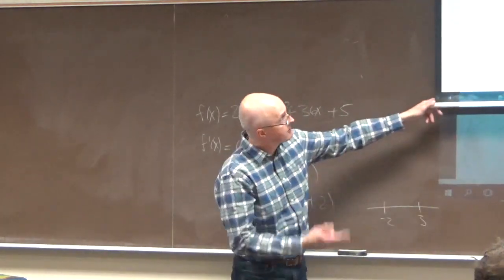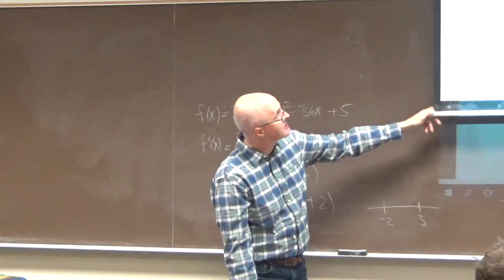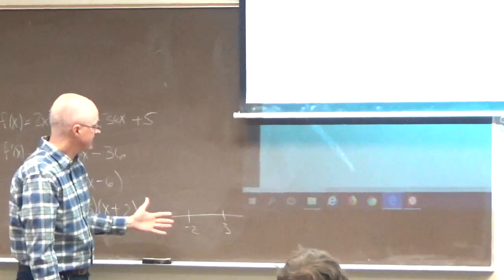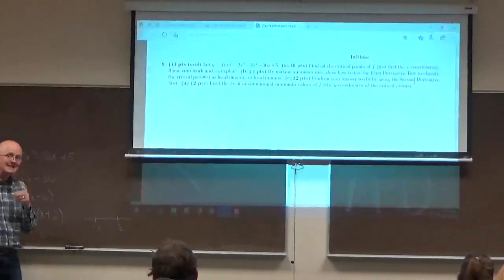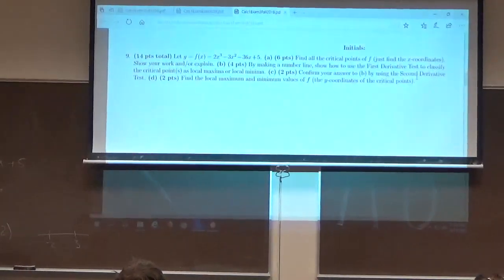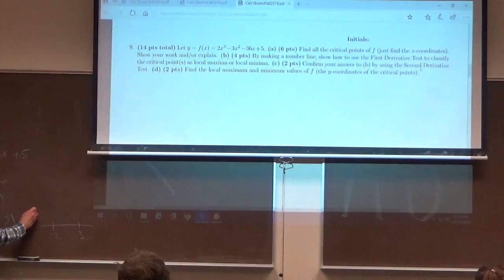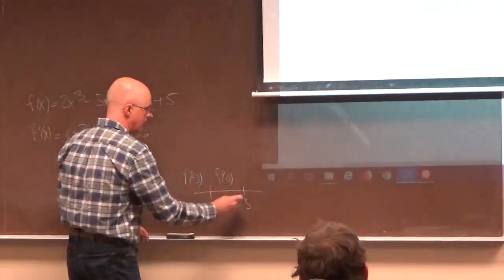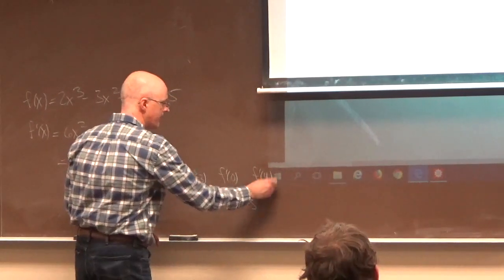And what I told you to do in the directions now is to first verify which is a local max and which is a local min by using the first derivative test. And what does that say? It says to look at the signs, positive or negative, of the derivative in each of these intervals. Like you can plug in -3 over here, you can plug in 0 in here, and you can plug in 4 over here.